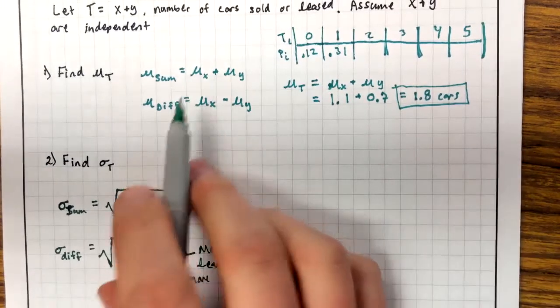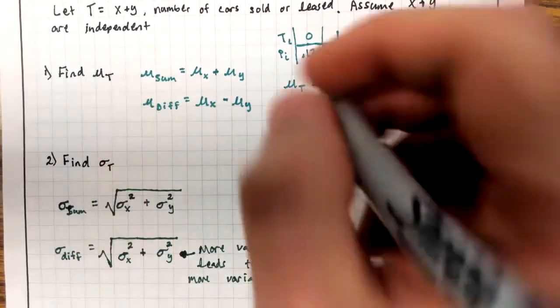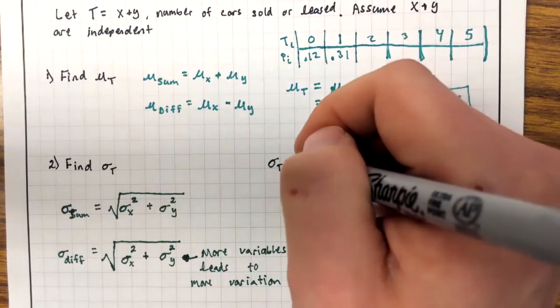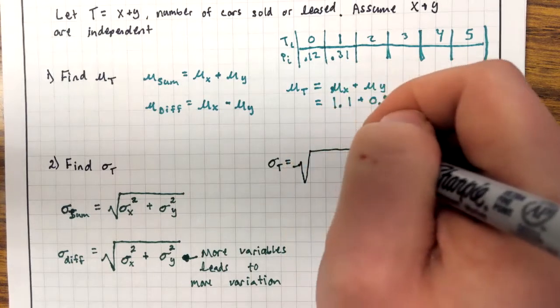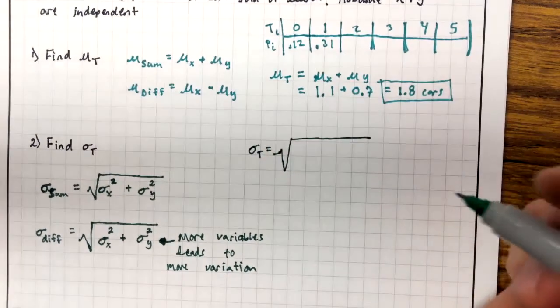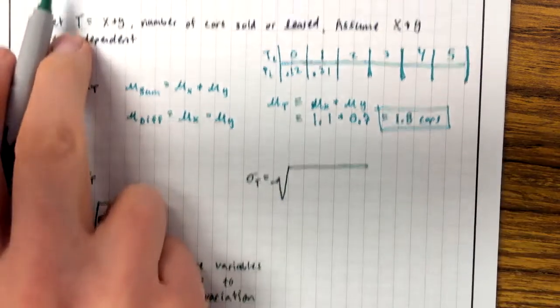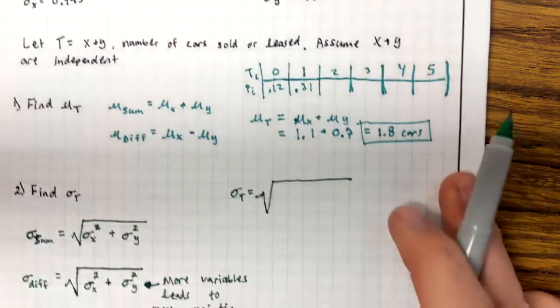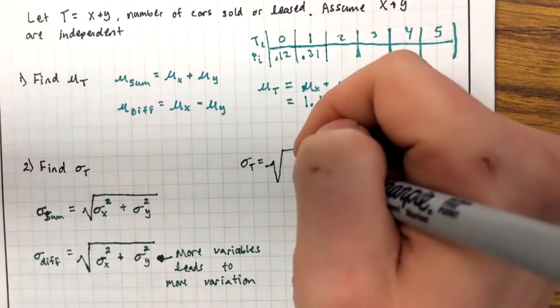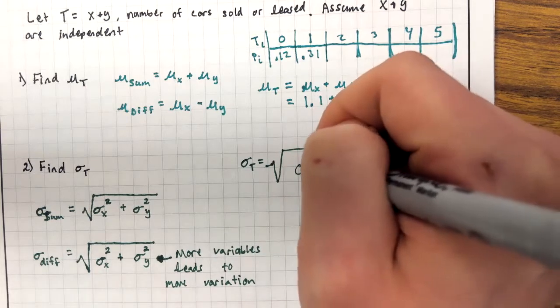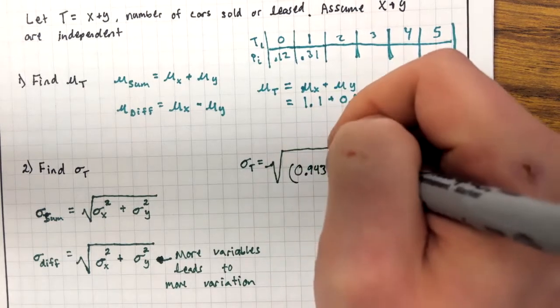For this situation, though, we are doing a sum to get our standard deviation. The standard deviation for t is going to be equal to the square root of our variances. So we've got the standard deviation for x right here, 0.943. But I need to convert that to a variance, so I'm actually going to square it.